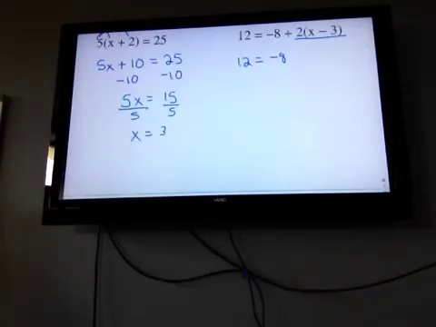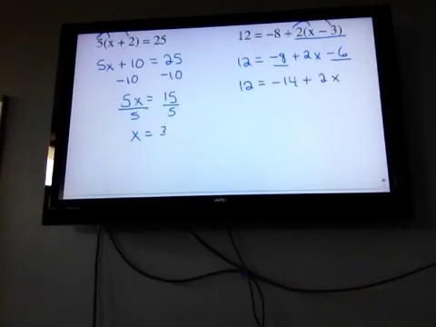Now distribute. 2 times x, positive 2x. 2 times the negative 3, negative 6. Collect any like terms, which I do have on the right side. I can combine my negative 8 and my negative 6 to give me negative 14.